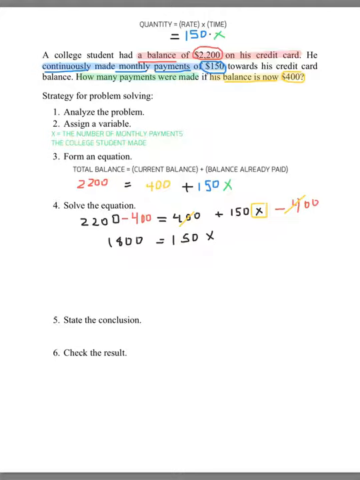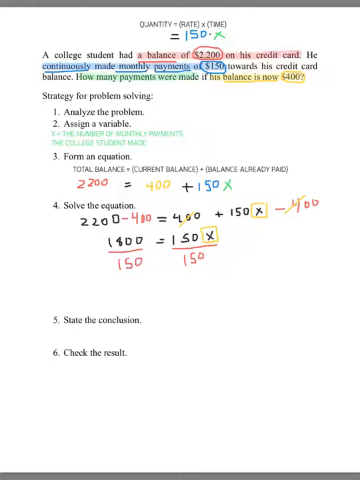So again, we want to get the x completely by itself. Right now we're multiplying the x by 150. So we want to eliminate that multiplication. The only way to do so is through the opposite operation, which is division. And we end up dividing by the number we want to eliminate, which in this case is 150. And we do that to both sides.